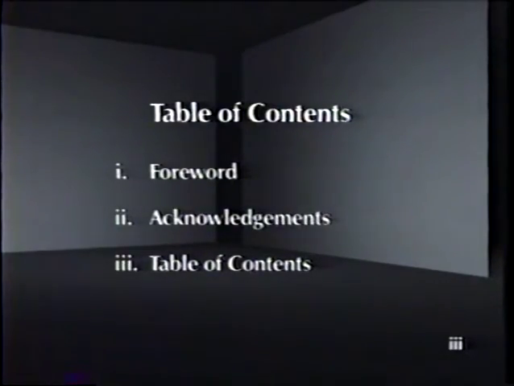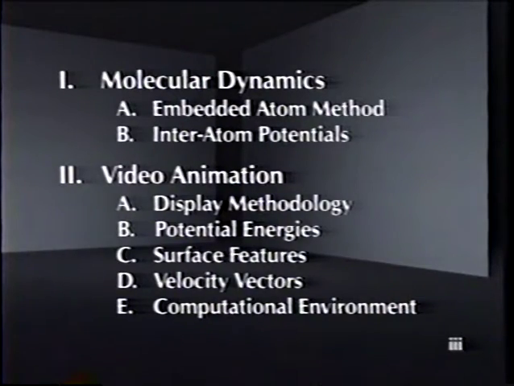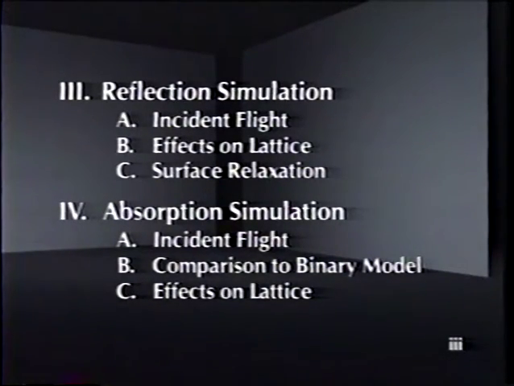Table of Contents. 1. Molecular dynamics, embedded atom method, and interatom potentials. 2. Video animation, display methodology, potential energies, surface features, velocity vectors, and computational environment. 3. Reflection simulation, incident flight, effects on lattice, and surface relaxation. 4.